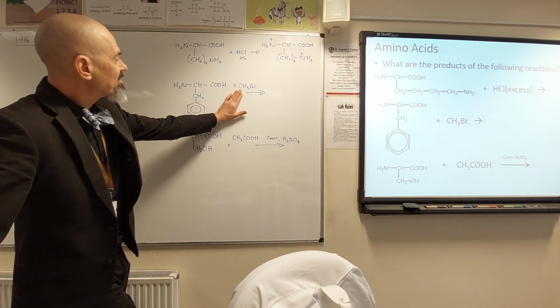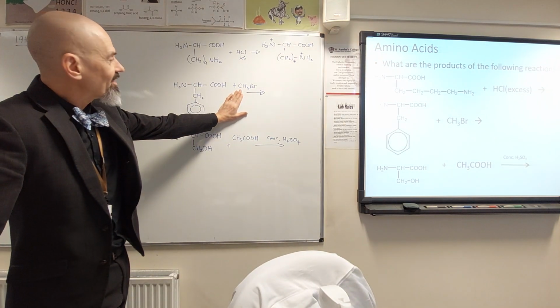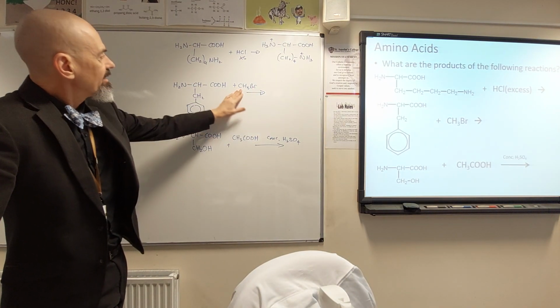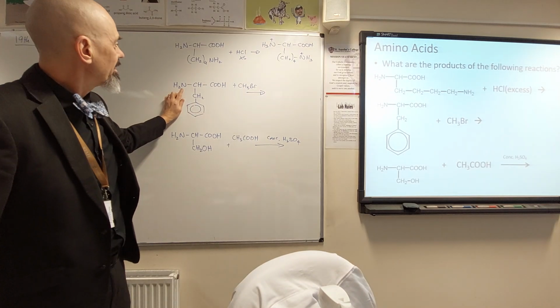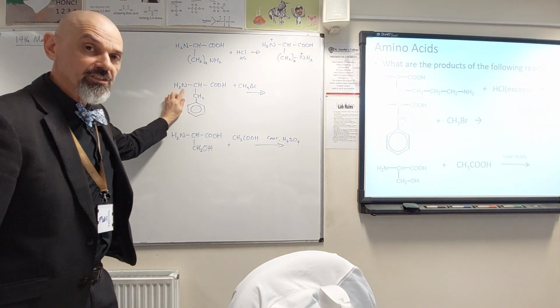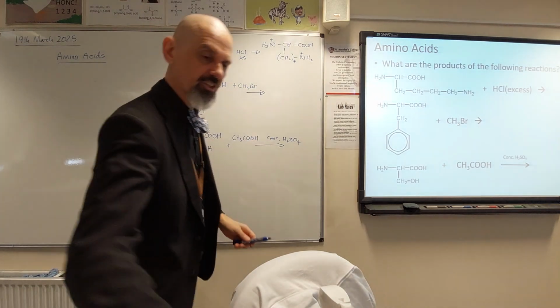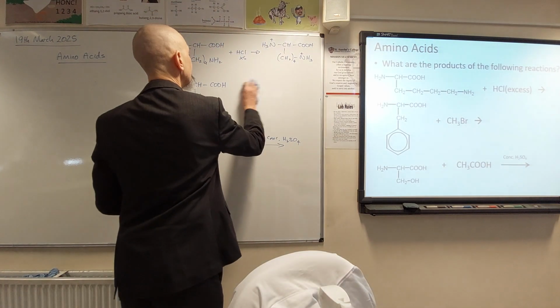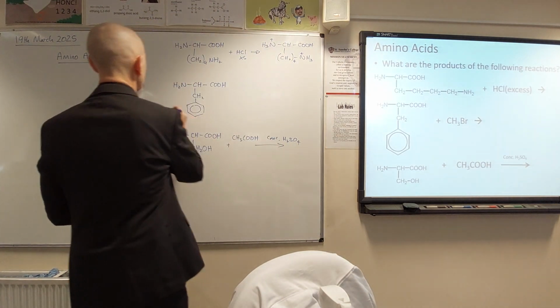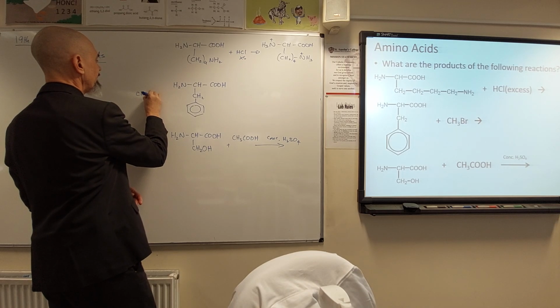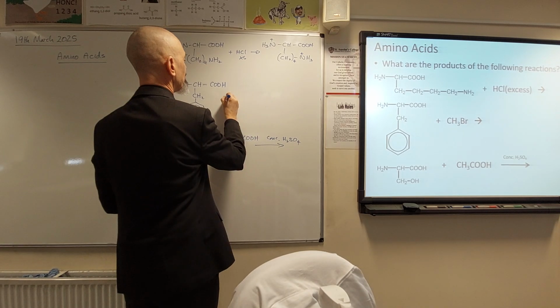Reacting with bromomethane, well, bromomethane gets attacked by nucleophilic substitution by the lone pair on the nitrogen. So it's going to make, I'll just move this, there we go, put it over here, CH3, R, there we go.